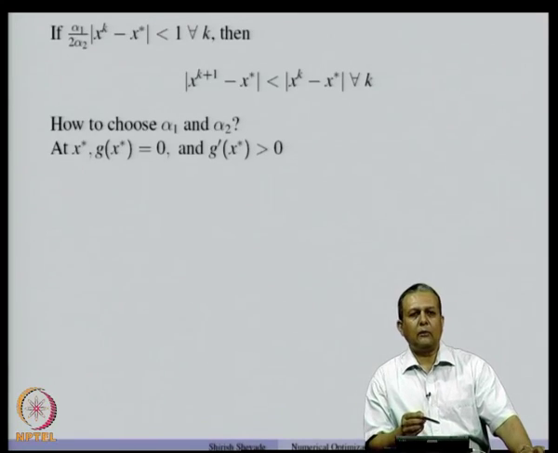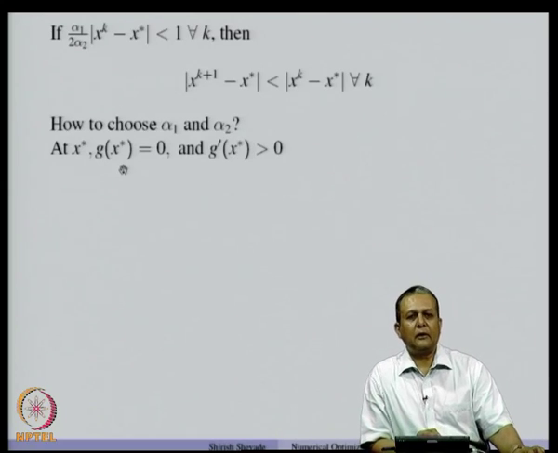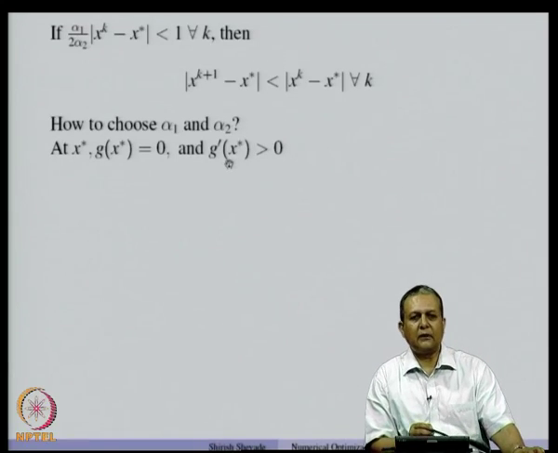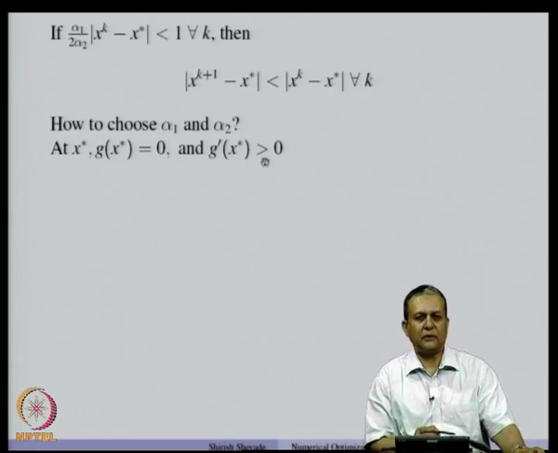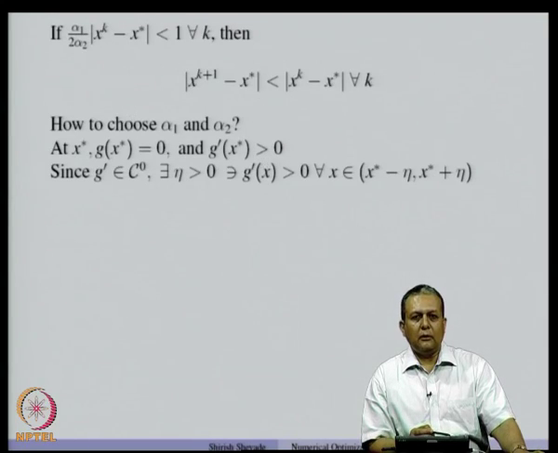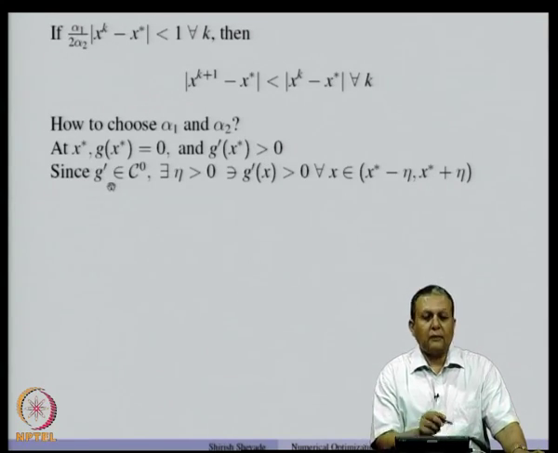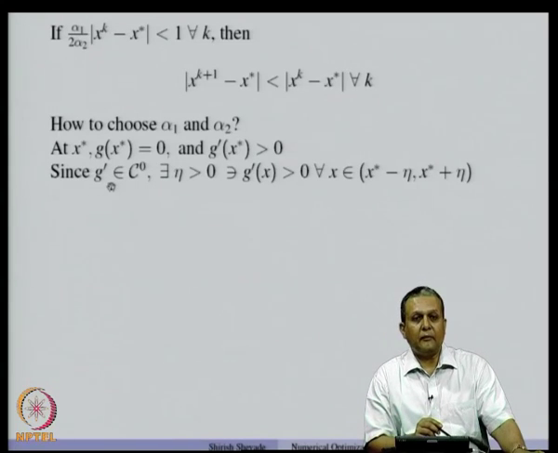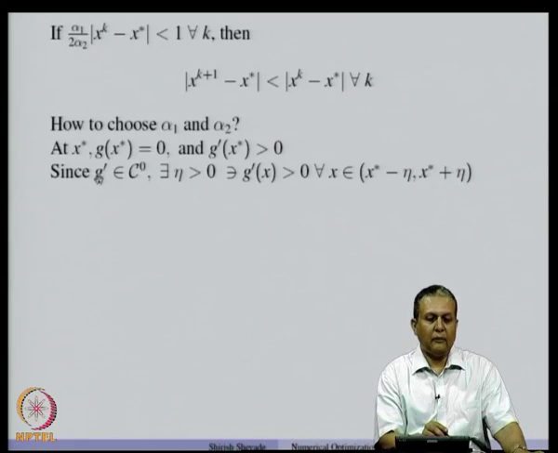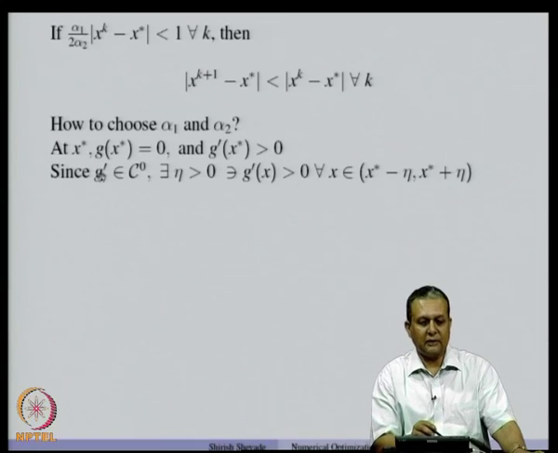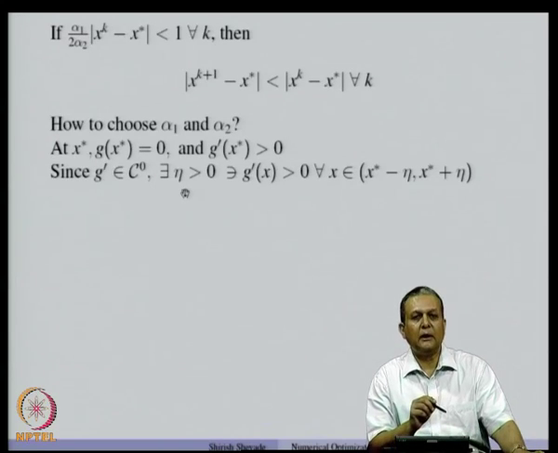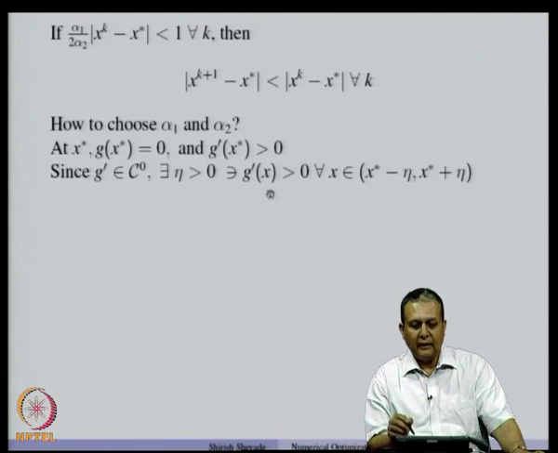Now, the question is how do we choose that alpha 1 and alpha 2 which we mentioned earlier. At x star we know that the gradient, or the derivative of the function, vanishes, and the second order derivative of the function is greater than 0. If in fact we have chosen f to be thrice differentiable, then the second derivative of the function f is certainly continuous, and therefore there exists some eta greater than 0, such that g' of x is greater than 0 for all x in the open interval x star minus eta to x star plus eta.